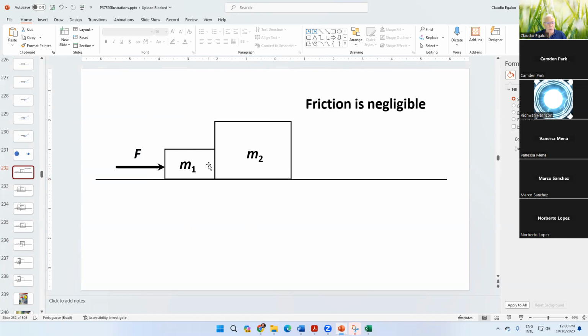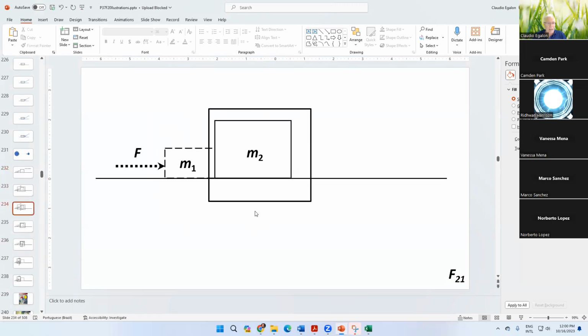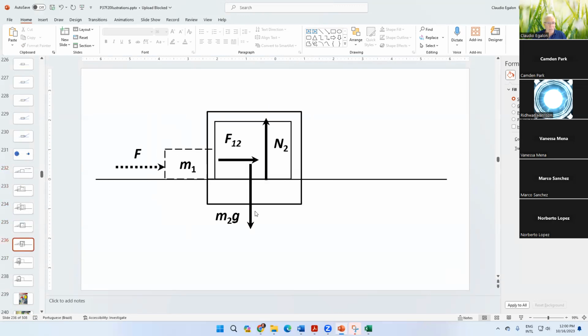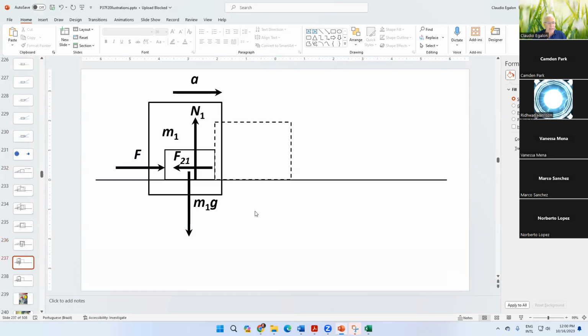Due to Newton's third law, this object will have to apply a force to the left. That's why F12 is to the right and F21 is to the left, because of the reaction, which we call the reaction force.